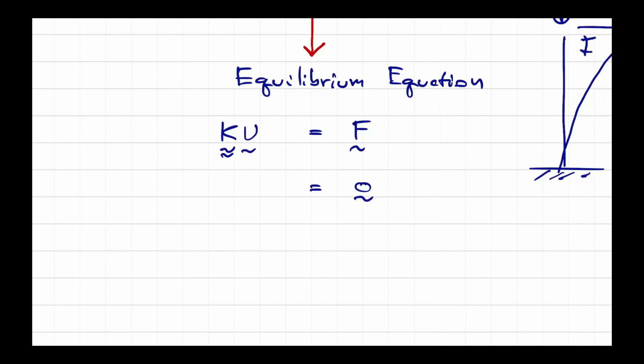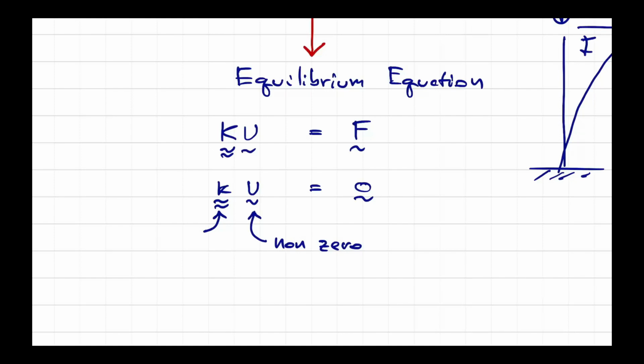So what will be inside the K? Well, if U is 0, then you don't need to do anything. That turns out to be the trivial solution. Am I right? So you have nothing.